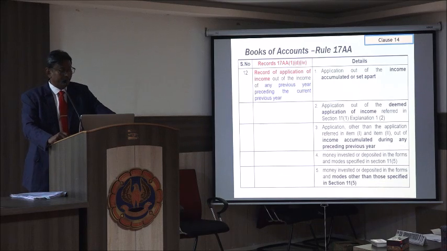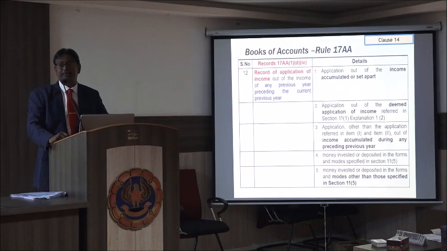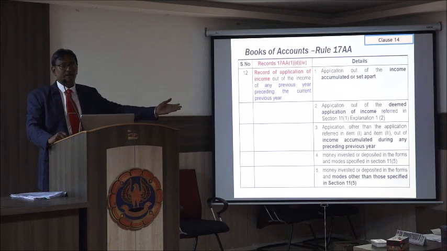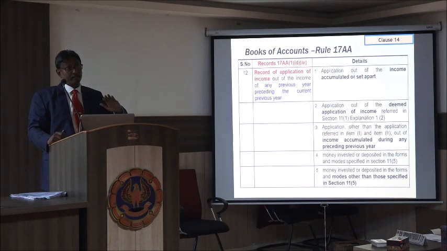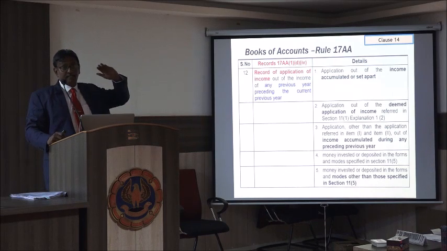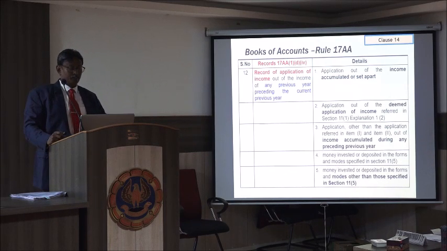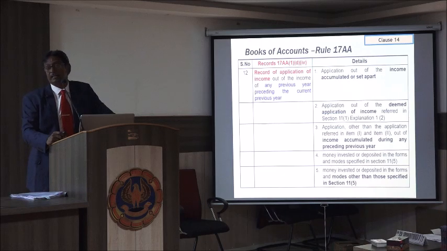Record of application of income out of the income of any previous year preceding the current previous year. Whatever money I have received in the current year, I have spent. Now they are asking us to maintain the records where I have spent the money of the earlier years. So application out of the income accumulated or set apart.